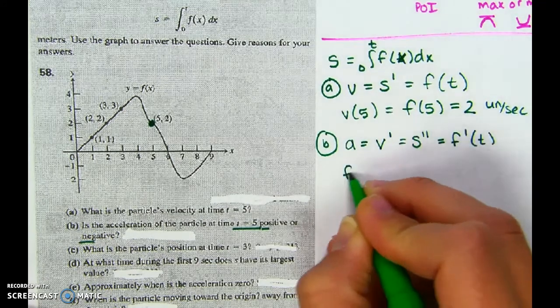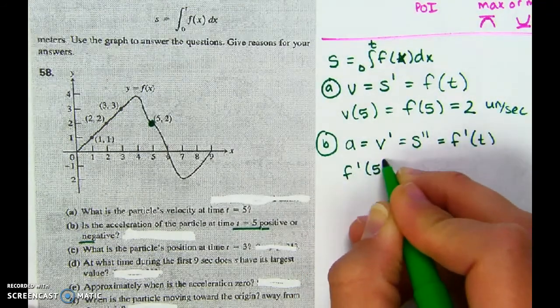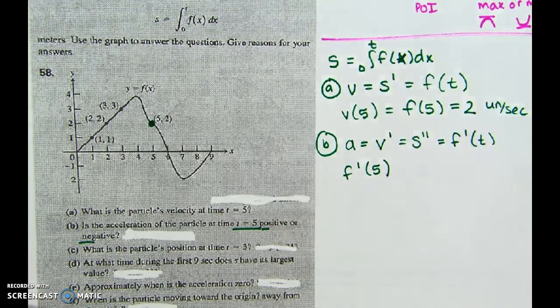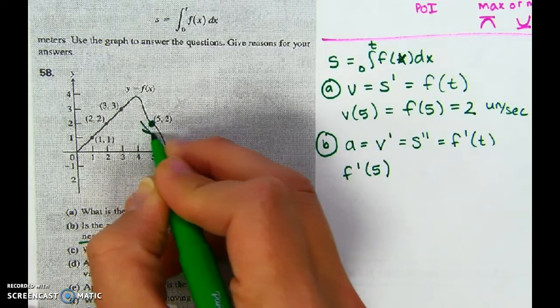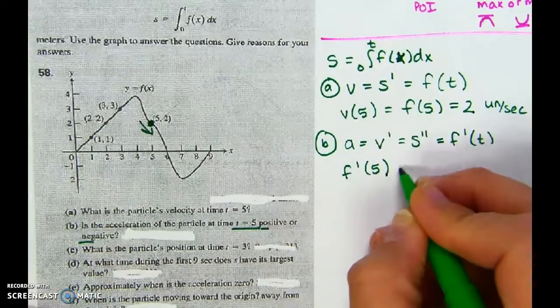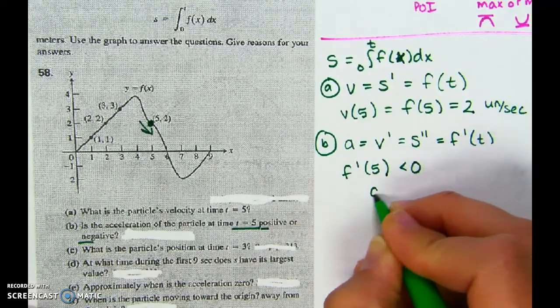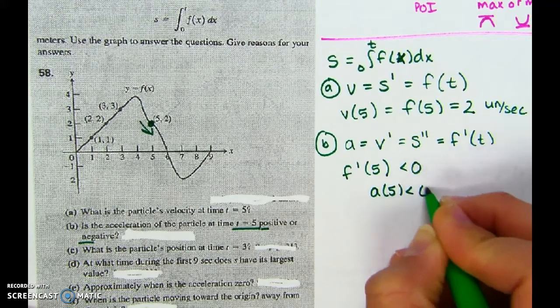So what we're looking at is what is f prime of 5, or the slope at 5. And if you look at t equals 5, we see it's a down slope. So f prime of 5 is less than 0, which means the acceleration at 5 is negative.